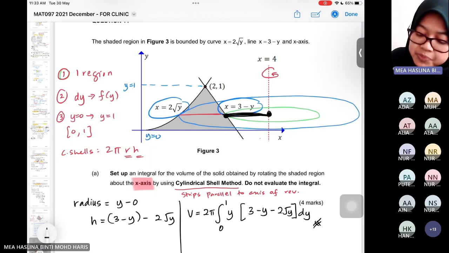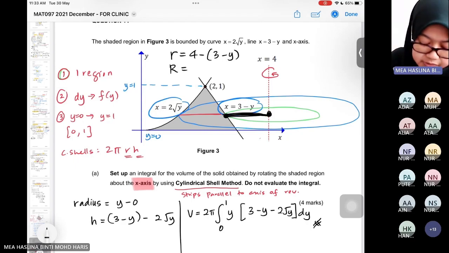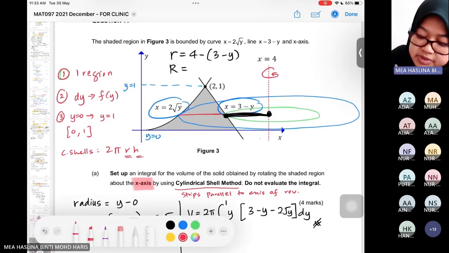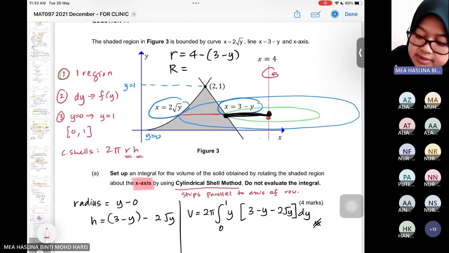That gives us small r equal to 4 minus (3 minus y). While the big R will be from the center to the circumference of the bigger circle, so that will be on the curve, 4 minus 2 third y.